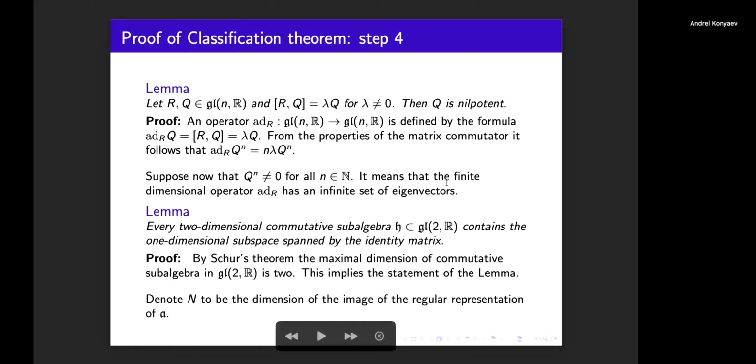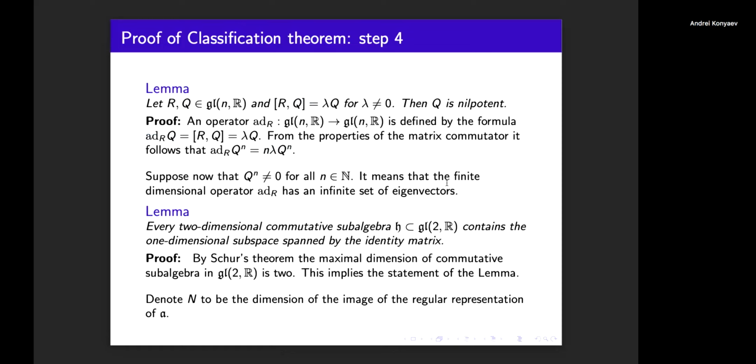The other is that a two-dimensional commutative subalgebra contains the one-dimensional subspace spanned by the identity matrix. It's a simple observation that if you look at 2 by 2 matrices, then this algebra is not commutative, and the maximum dimension of a commutative subalgebra is 2. It is Schur's theorem, a very famous theorem.